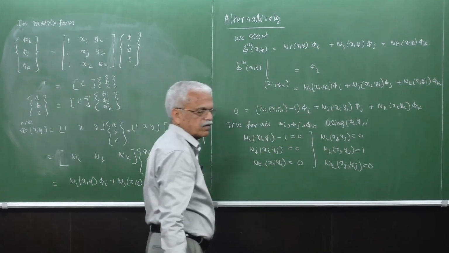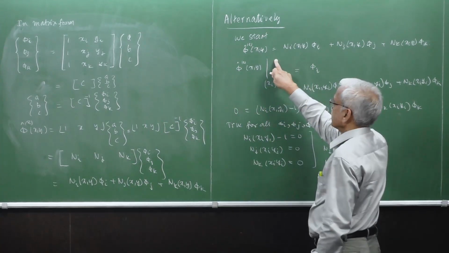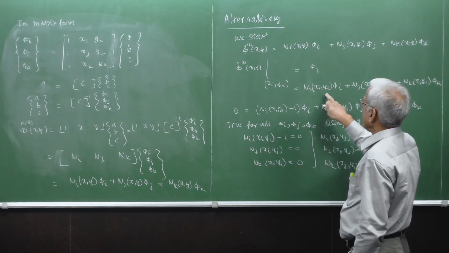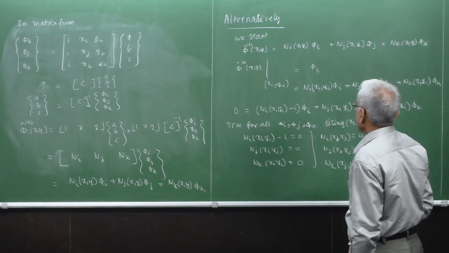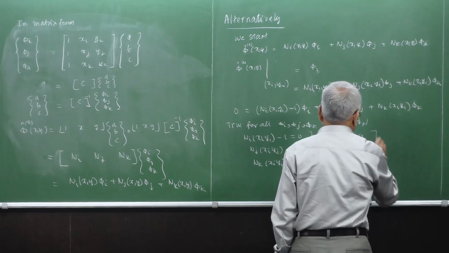I hope you have followed it. The same thing at xj yj should be phi j here, and it should be xj yj here, and then doing the same simplification, this is what you get.